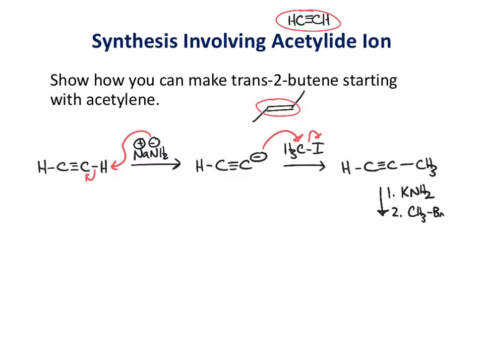Nonetheless, we'll put a methyl group on the other side. So we now have 2-butyne. We need the double bond, and there's 2 ways to reduce this alkyne.